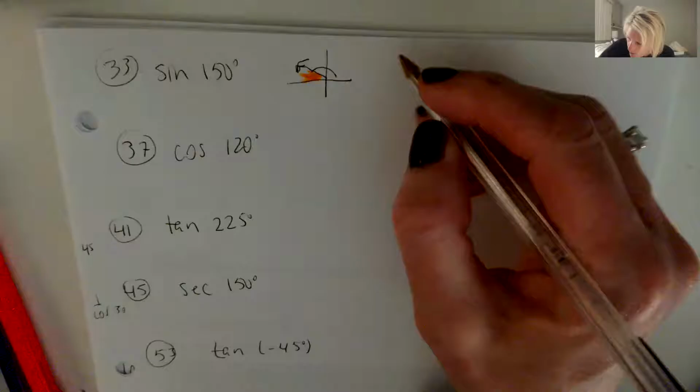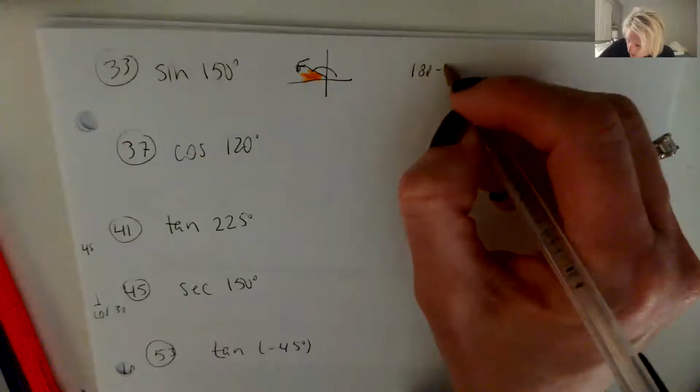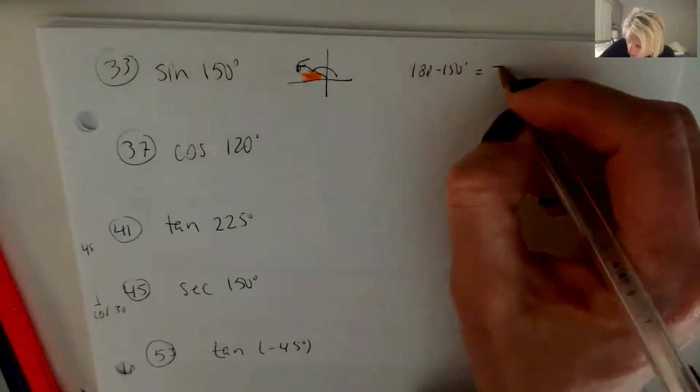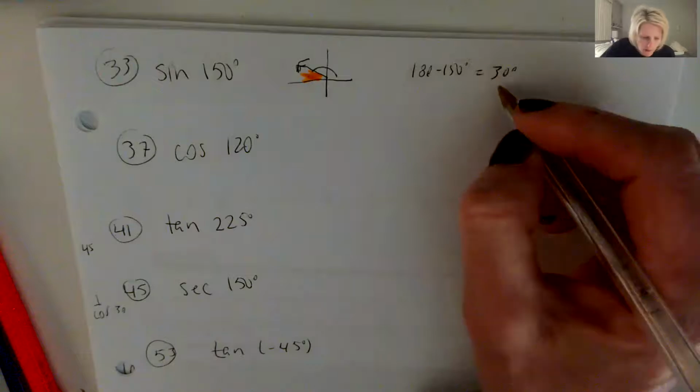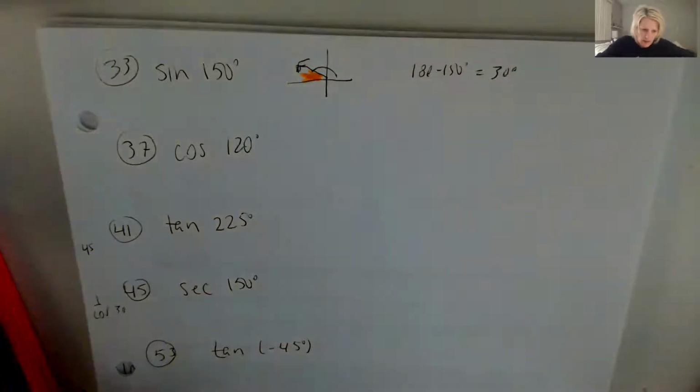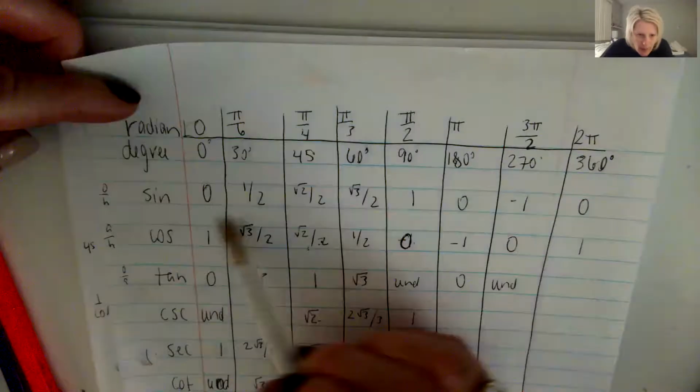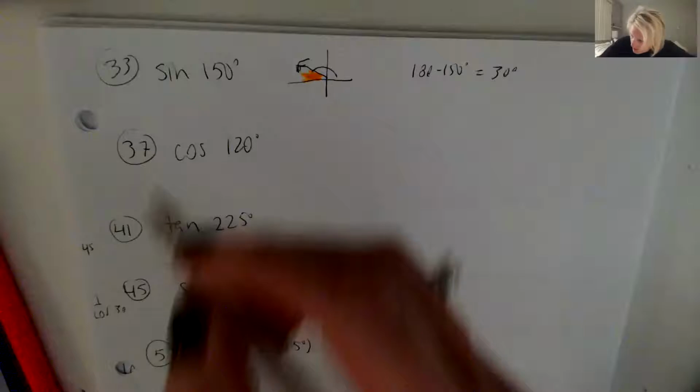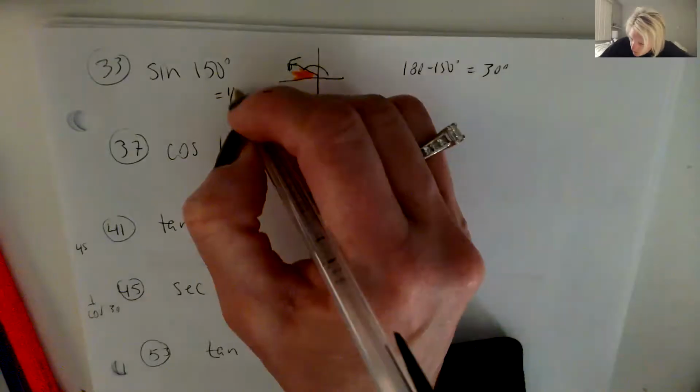So we're going to take 180 and subtract 150, and the reference angle is a 30-degree angle. And we know, using our table we've been making, sine at 30 degrees is 1/2. So 1/2 is the answer.